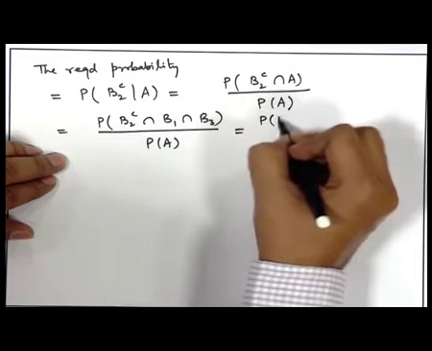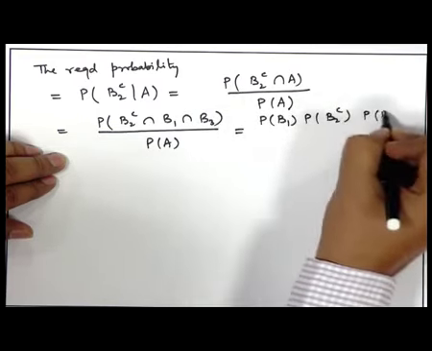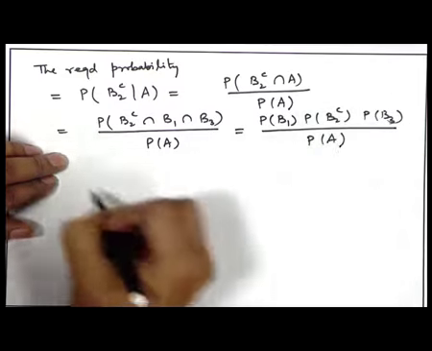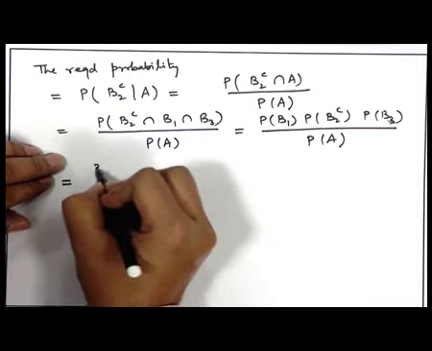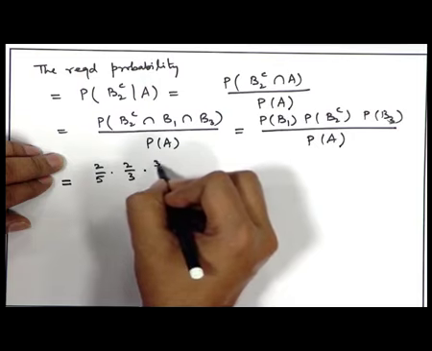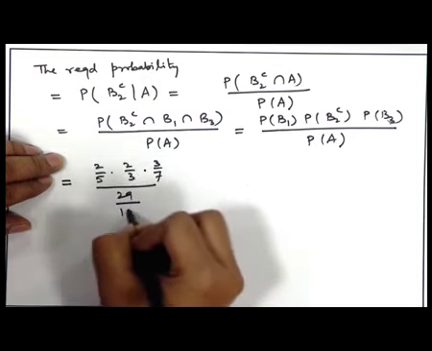The term that we have already simplified, divided by probability of A. So, this term is equal to 2 by 5 into 2 by 3 into 3 by 7 divided by 29 by 105.